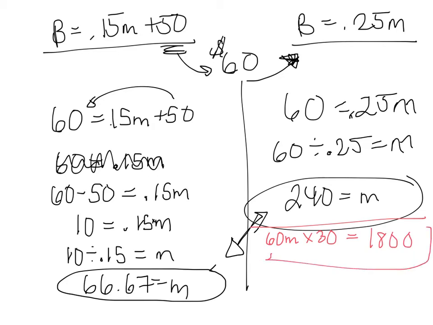So that's a more realistic number for this situation if it was an open problem of which cell phone is better. So this cell phone company is better when it's a low amount of minutes. But what happens when it's 1,800 minutes? Is this company still better?